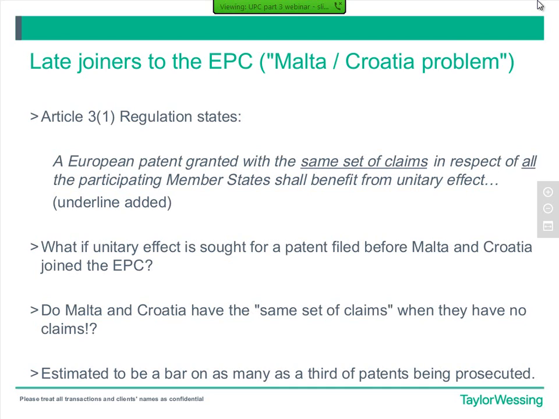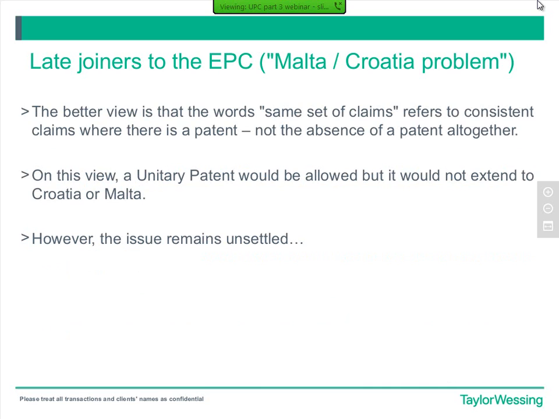So if you look back at Article 3.1, does this mean that all these old patents can never become unitary patents? The consequences of this interpretation would be huge, because it is estimated that 1/3 of the European patents being prosecuted falls within this category. However, fortunately, one way to avoid this is what is shown here in the next slide.